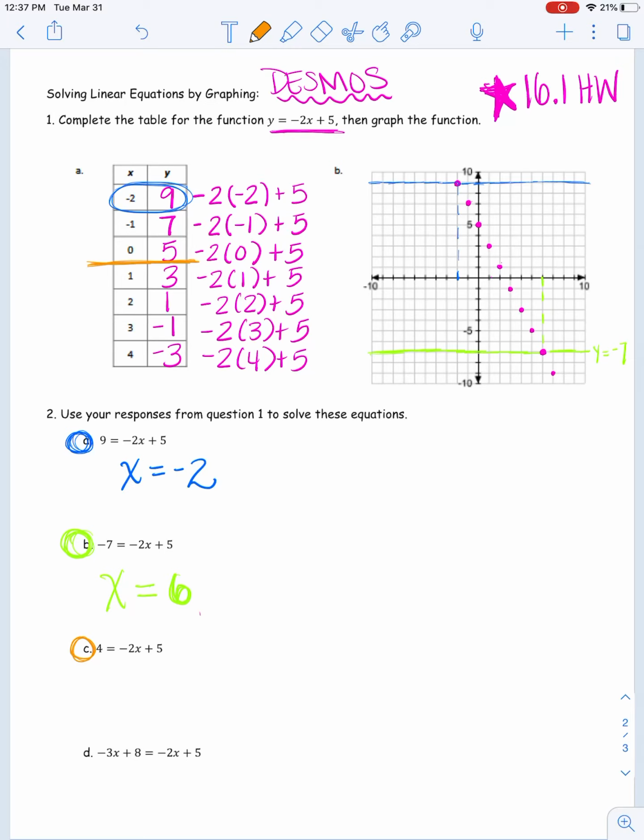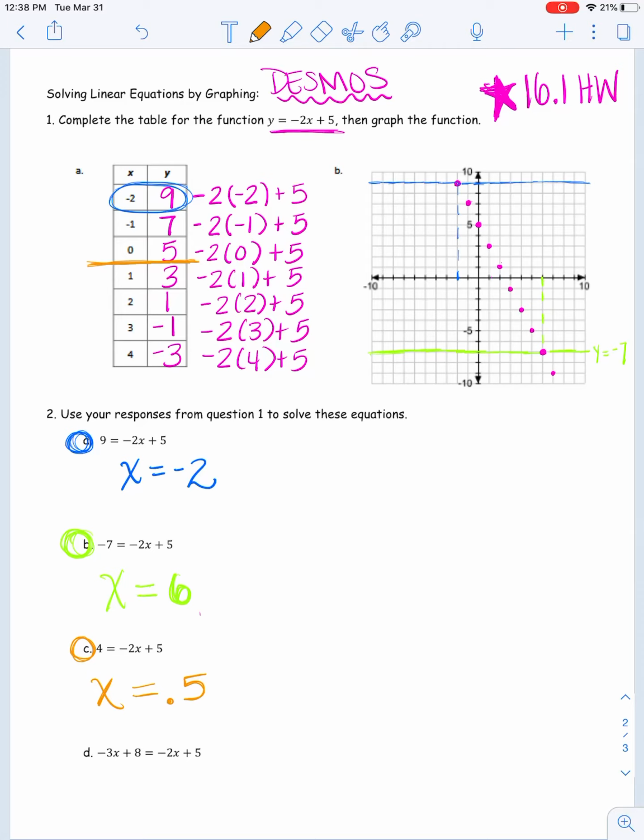Since 4 is halfway between 5 and 3, my solution has to be halfway between 0 and 1. So my solution has to be x equals 1/2, or x equals 0.5. And we can look at the graph as well and check out how that happens.